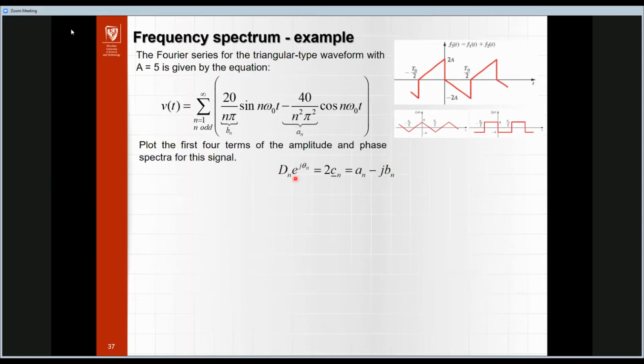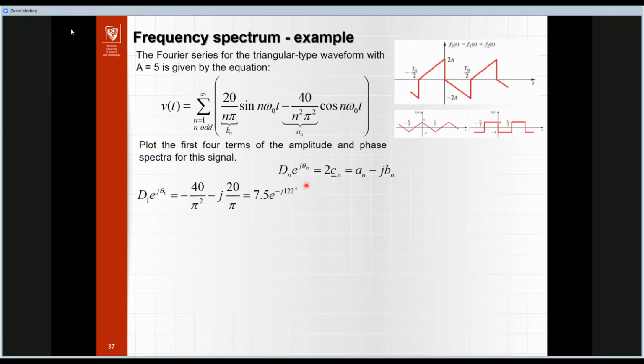We remember the relationship between the C coefficients and the A and B coefficients, which is connected with the trigonometric form of a Fourier series, and with the amplitude dn.